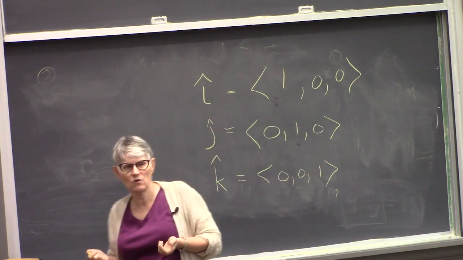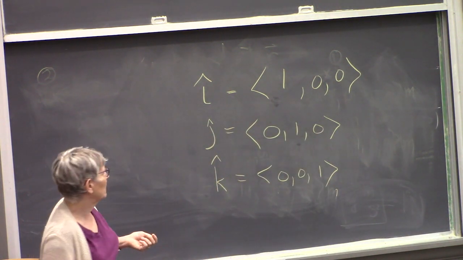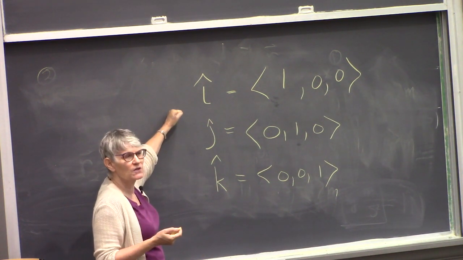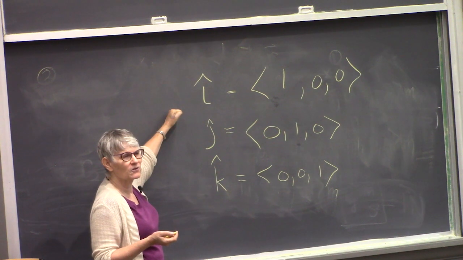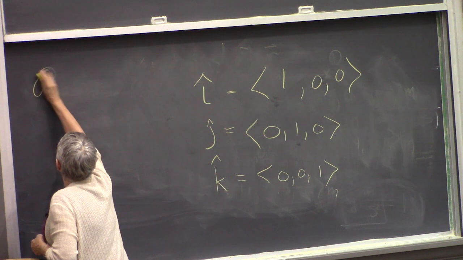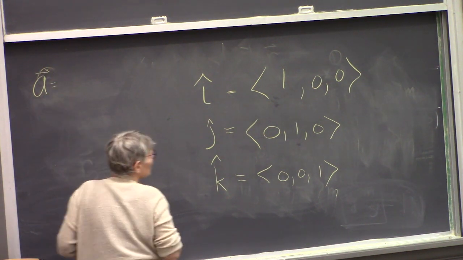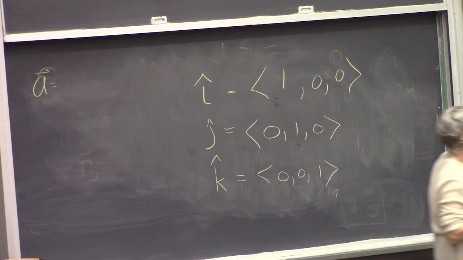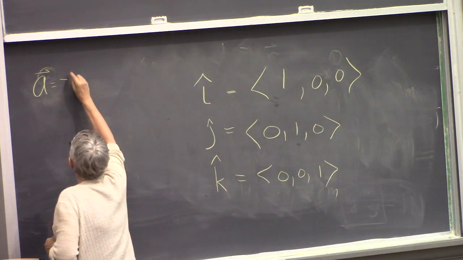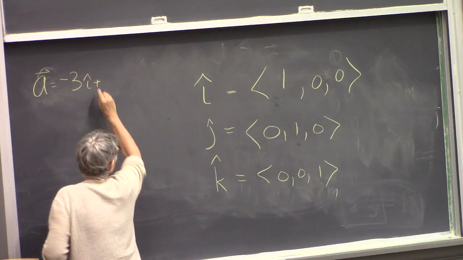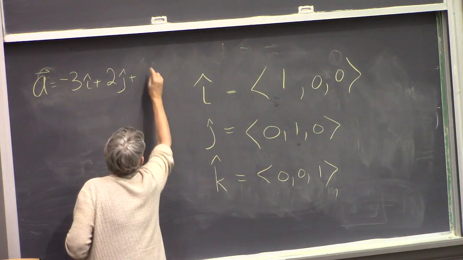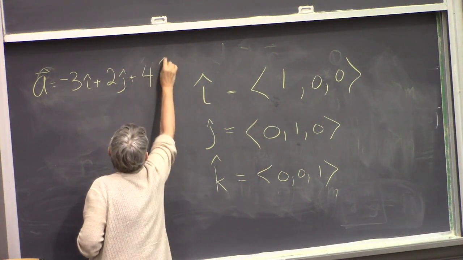Now, in a previous course, you might have seen vectors written as scalars multiplying unit vectors. So our vector A could be written as negative 3 times i hat plus 2 j hat plus 4 k hat.